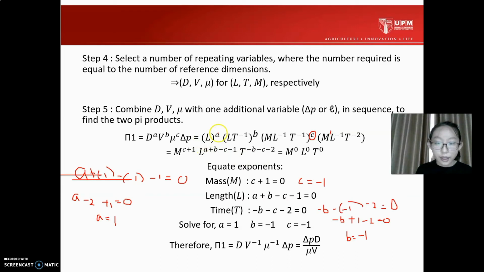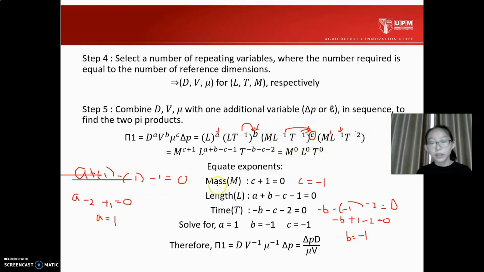And for L it is A, B, negative C, negative 1 times C, and minus 1. T is negative B, negative C, negative 2, which is equal to M0, L0, T0.